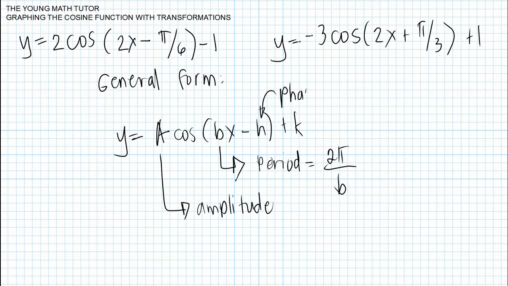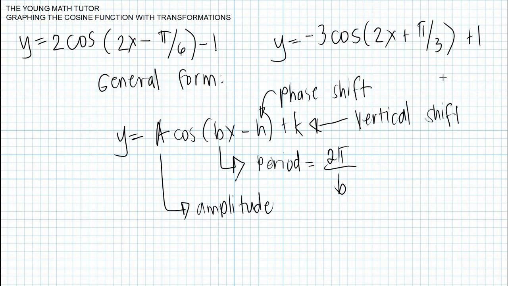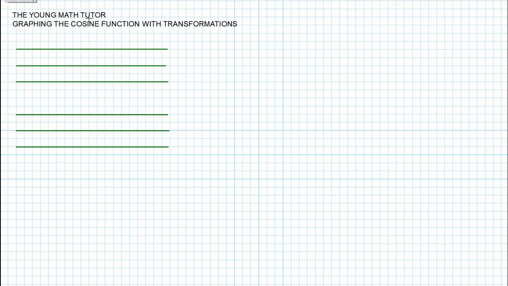And then h is the phase shift and k is the vertical shift. Now let's try the first one.